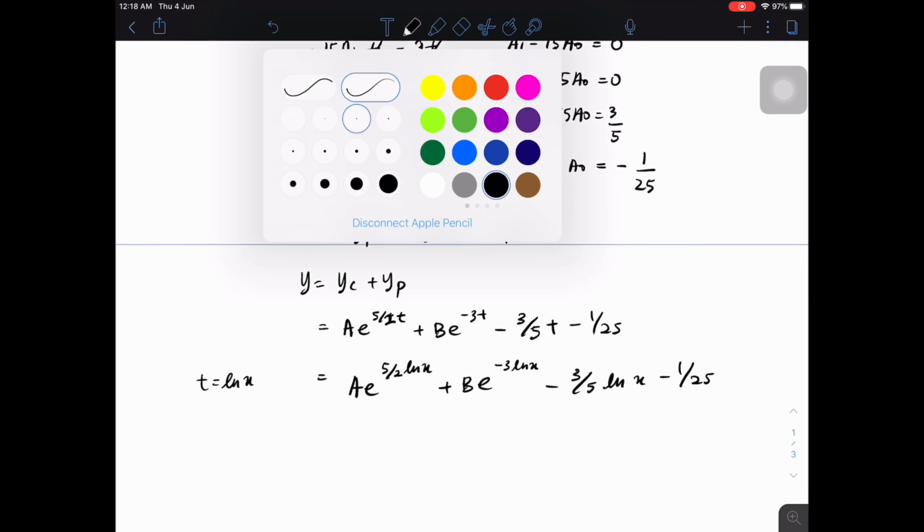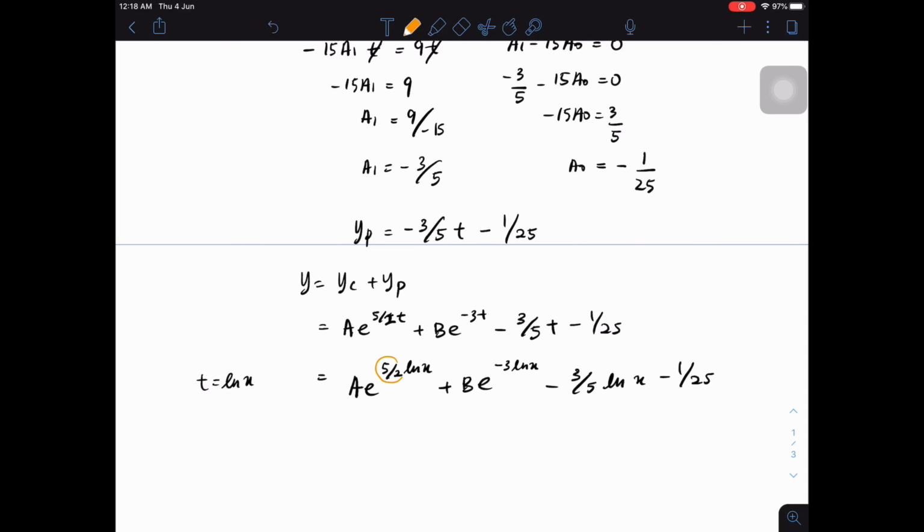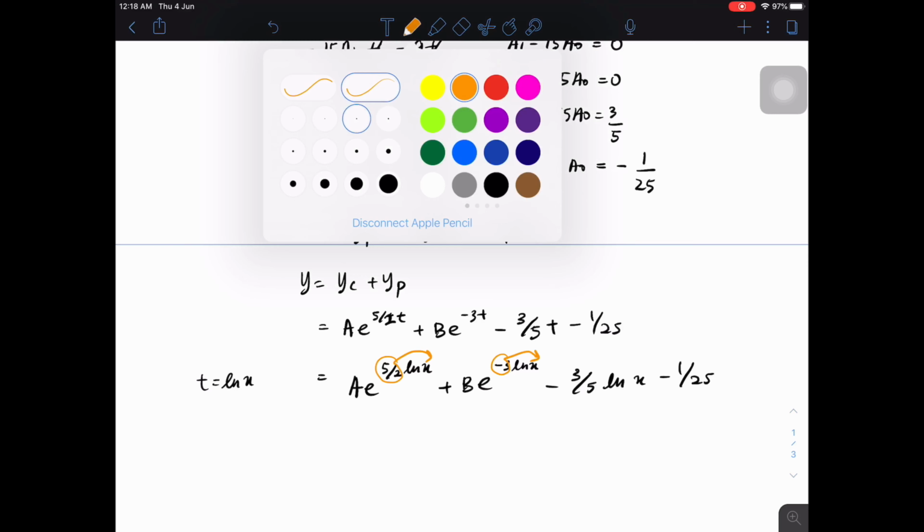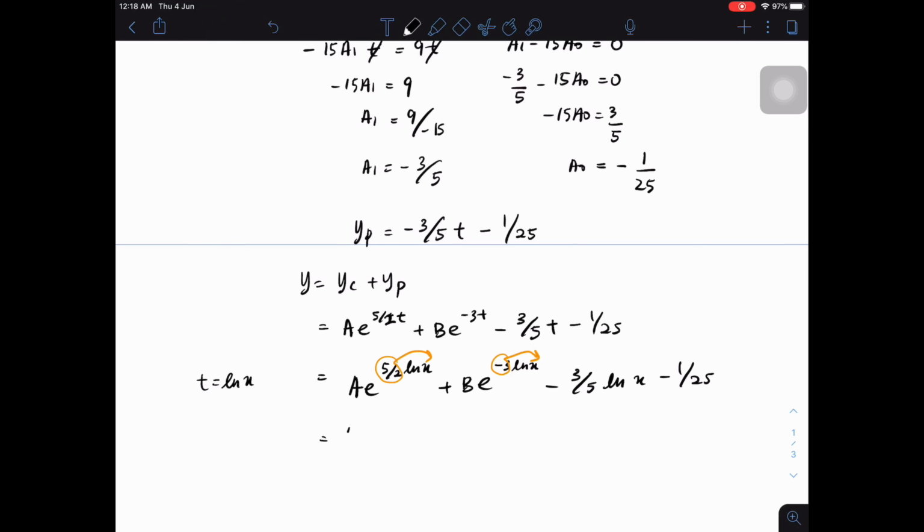So we bring the coefficient to be a power here. What we will have is a e^(ln x to the power of 5/2) plus b e^(ln x to the power of -3) minus 3 over 5 ln x minus 1 over 25.